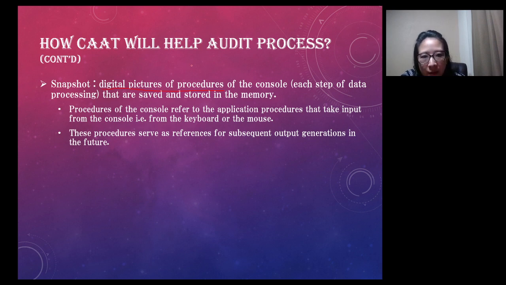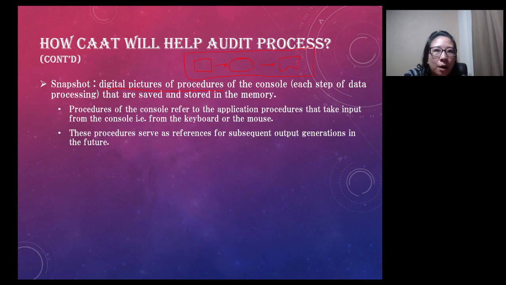So if there is an input like this, and then it will be processed like this, and then it will have an output like this. Okay, something like that. So this is the snapshot.